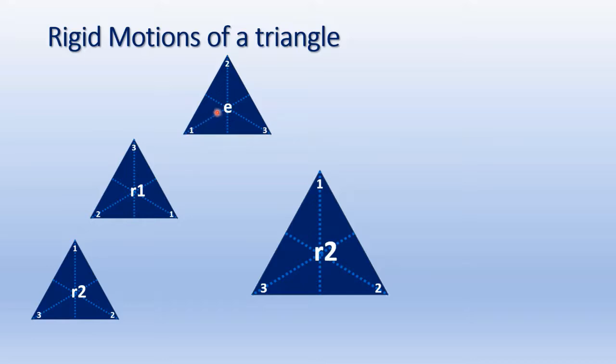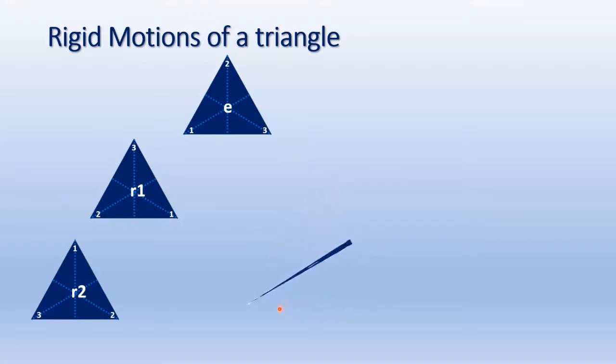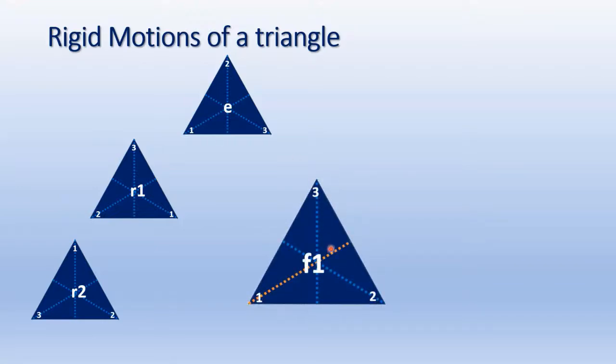Fixing this line, you can flip or find the reflection of this triangle so that the resulting triangle will also be an equilateral triangle where these two vertex labels are interchanged like this. So keeping this one fixed, these two labels have been interchanged. So we obtain 1, 3, 2 as the new labeling. I call it F1.